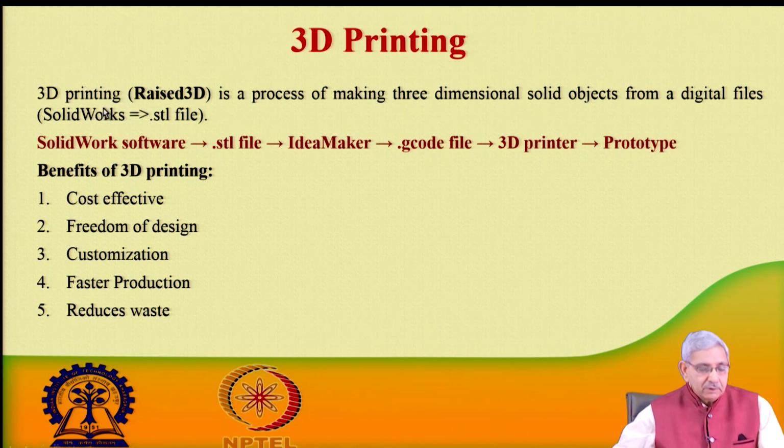The SolidWorks file is saved with the extension .stl. This file is given to the 3D printer software, the Idea Maker, where the file is converted to a G code file, then it goes to the 3D printer, and finally we get the prototype product.